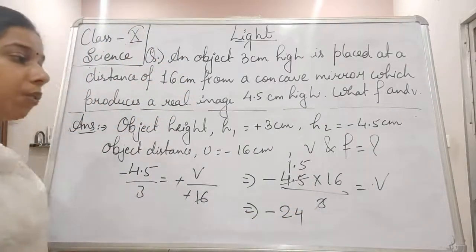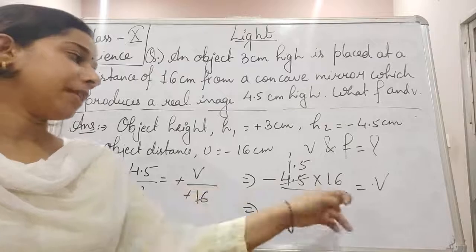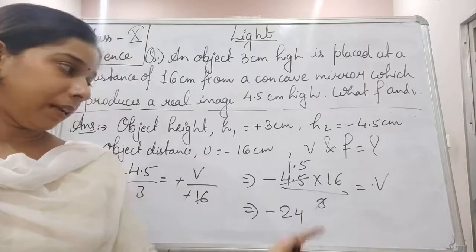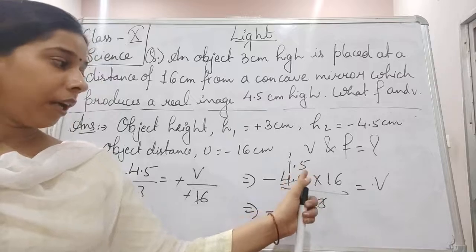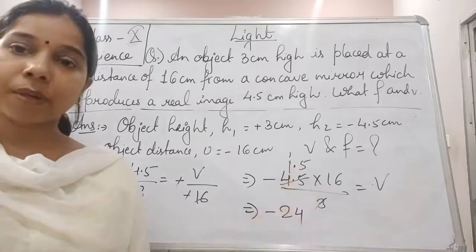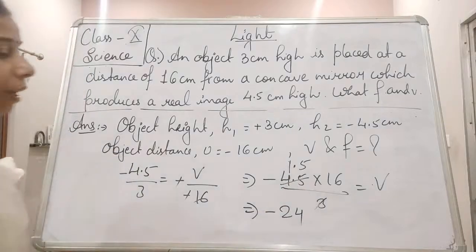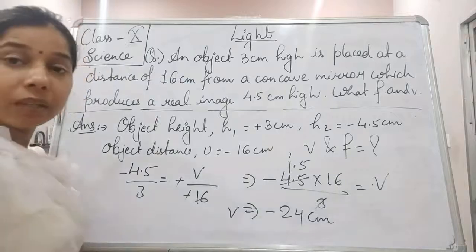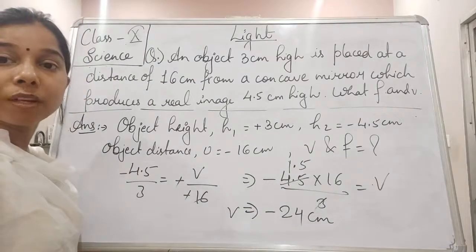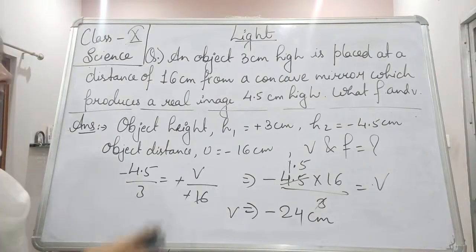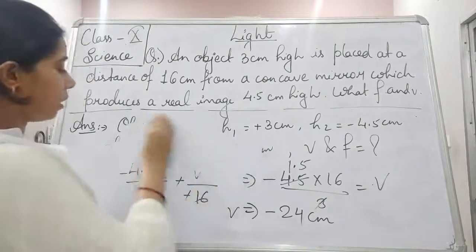Okay, because when you multiply 16 into 1.5, you will get the value 240, and then we will put the decimal, then it will become 24. So minus 24 centimeter. This is the value of the image distance, minus 24 centimeter. Now we get the value of the image distance, which is minus 24 centimeter.